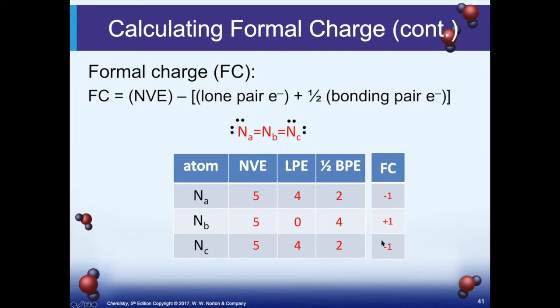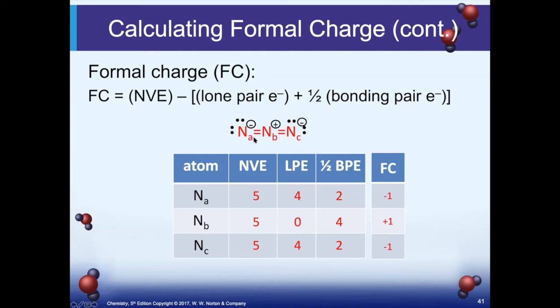All right? A way to represent that in your Lewis structure is with a charge that's enclosed in a circle. So the -1 would be a minus sign in a circle, +1 a plus sign in a circle, and the same thing with the minus on nitrogen C. Here's an important thing to remember: your formal charges always have to add up to the total charge on that molecule or ion.